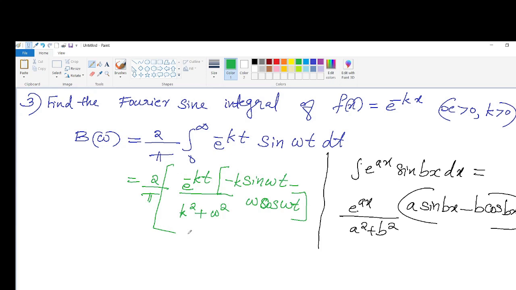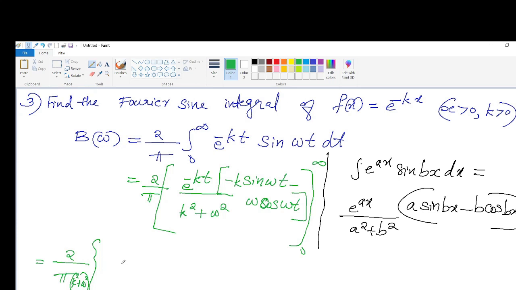Now we have to substitute the limit also, 0 to ∞. So that is equal to 2/π. When substituting t as ∞, you can take this k² + ω² outside the bracket, that is a constant.